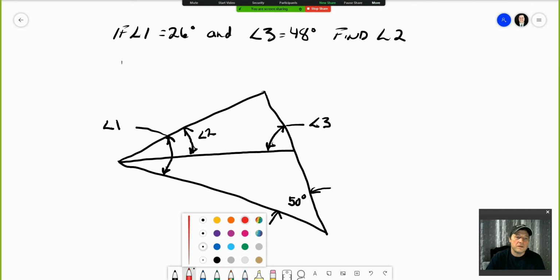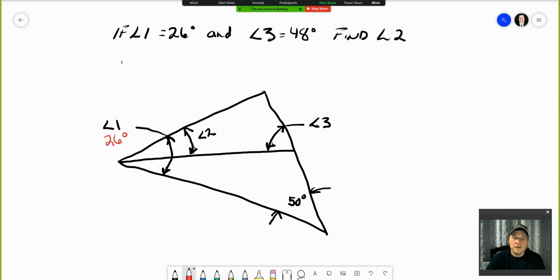So let's say 26 degrees, and angle 3 is 48 degrees. So I know this angle and I know this angle. So this is what we're looking for. So the angle here in this corner is for this triangle.